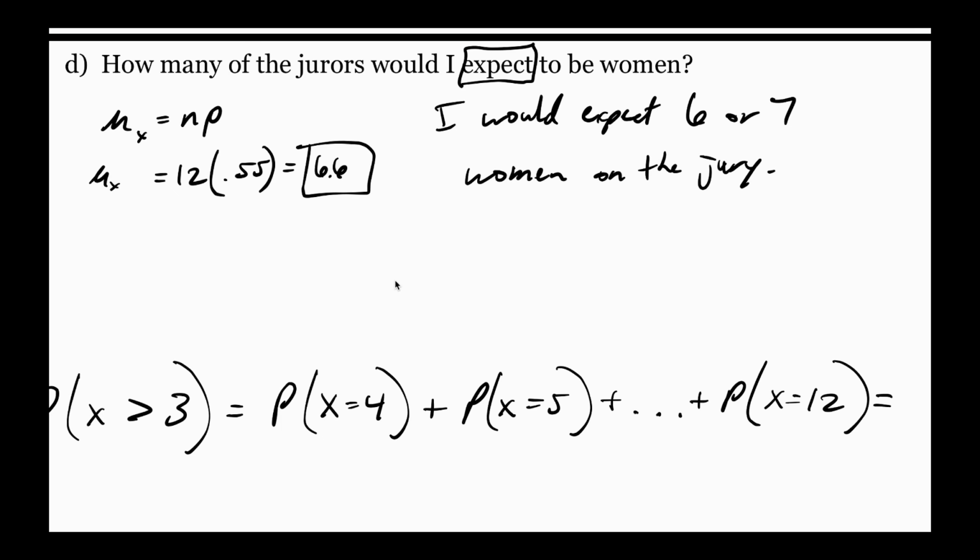The interpretation is referring to 6.6, because it sounds funky to say there would be 6.6 women on the jury. How do you have 6.6 women? So in plain English, it means 6 or 7.